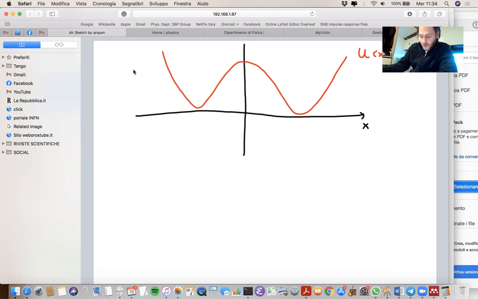To be specific, we consider a problem in which U of x is some kind of U naught times (1 minus x squared) squared.